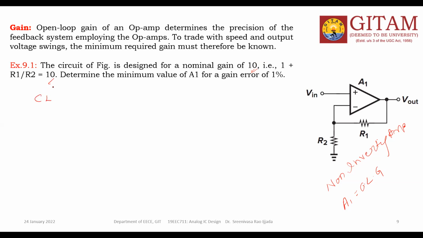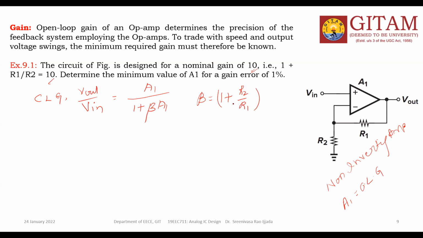Closed loop gain is equal to V out to V in, equal to open loop gain A1 by 1 plus feedback factor multiplied with the open loop gain A1, where beta is the feedback factor. It is nothing but R2 by R1. This is the beta value.